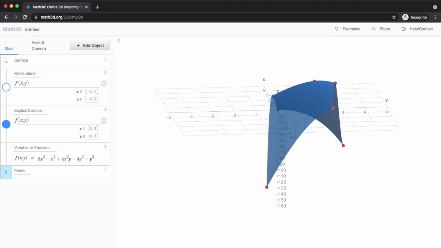We can see that it starts down at the bottom left at that red point, and then it goes up to the red point at the right-hand side. So this part of my surface on this boundary curve is behaving like an increasing function. And so I've got a minimum at the left-hand endpoint and a maximum at the right-hand endpoint.